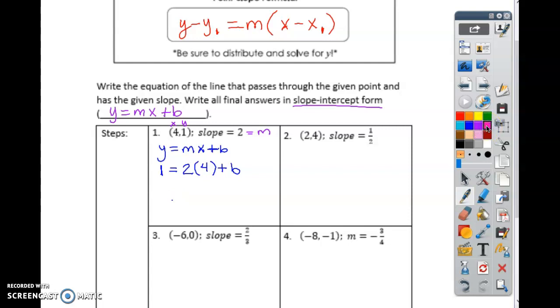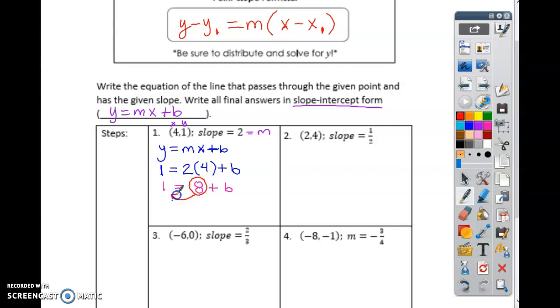So what's the first thing that you do? Lo primero que haces, what is it? Multiply, right? You have to get rid of the parentheses. So what's 2 times 4? 8. So 2 times 4 gives you 8 equals 1 plus b. I brought everything down. How do I solve for b? I have to move the 8 over here. So we're going to move the 8.